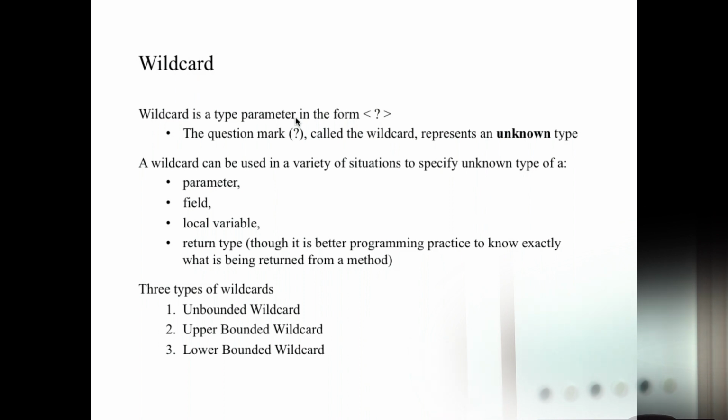And we have three different ways that you can use wildcards. Two of them are bounded, upper bound and lower bound, and the one without bound is when you don't specify any restrictions. So it's like putting super and subtypes with the wildcards.